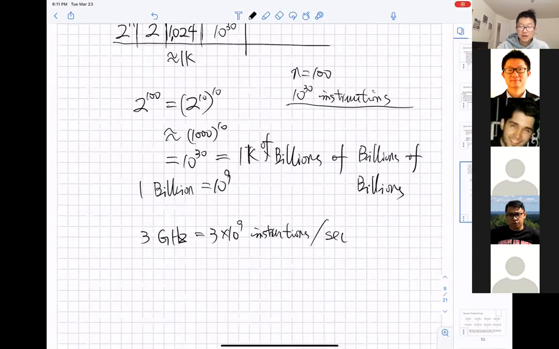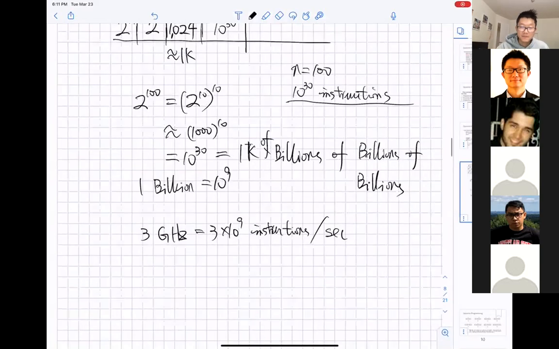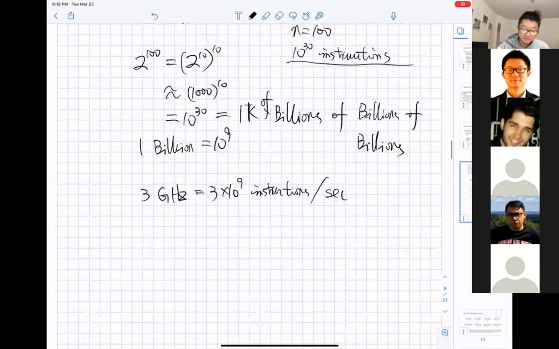Do you know how fast the most efficient computer in this world is? It is around 1000 gigahertz, so it can execute roughly 10 to the power of 12 instructions per second.